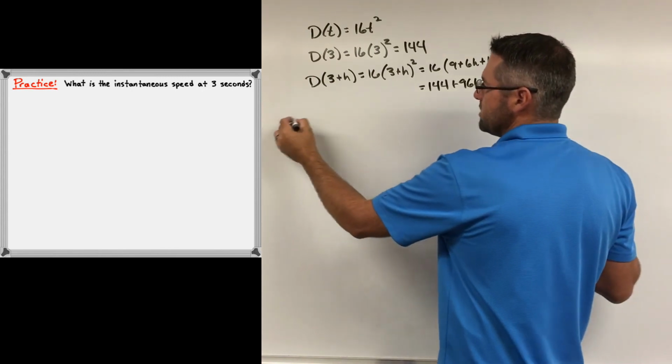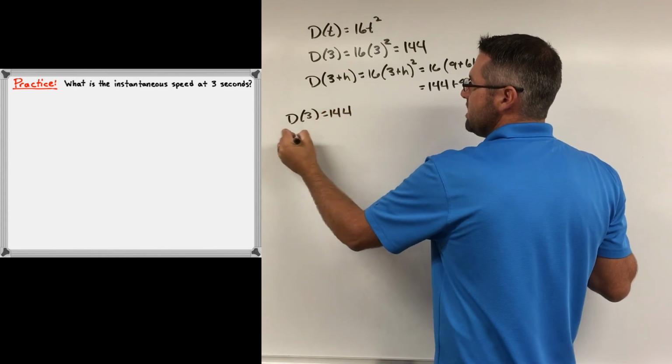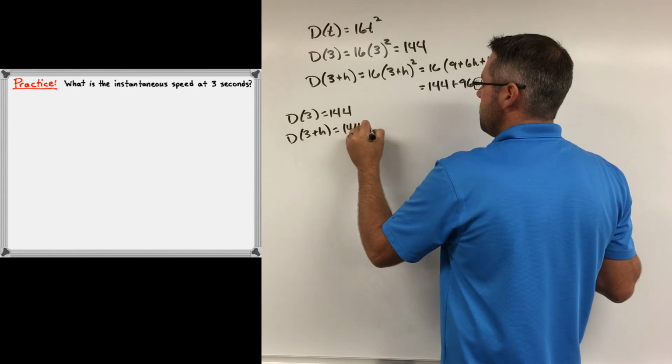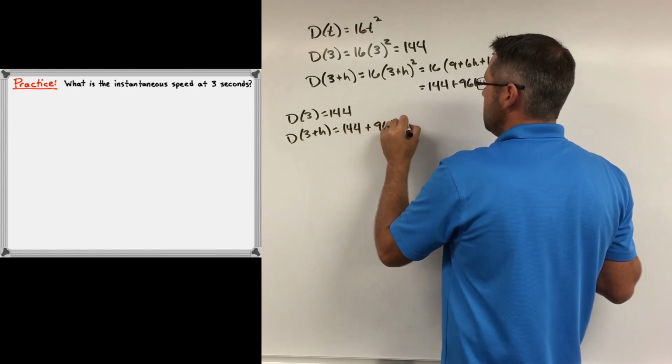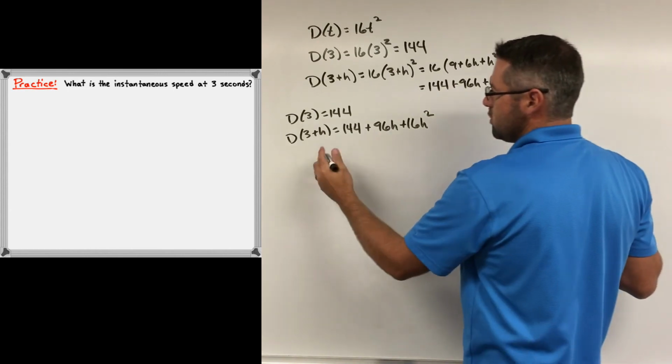So those are our two coordinates. D of 3 is 144. D of 3 plus h is 144 plus 96h plus 16h squared. And then we're going to plug those into the slope formula.